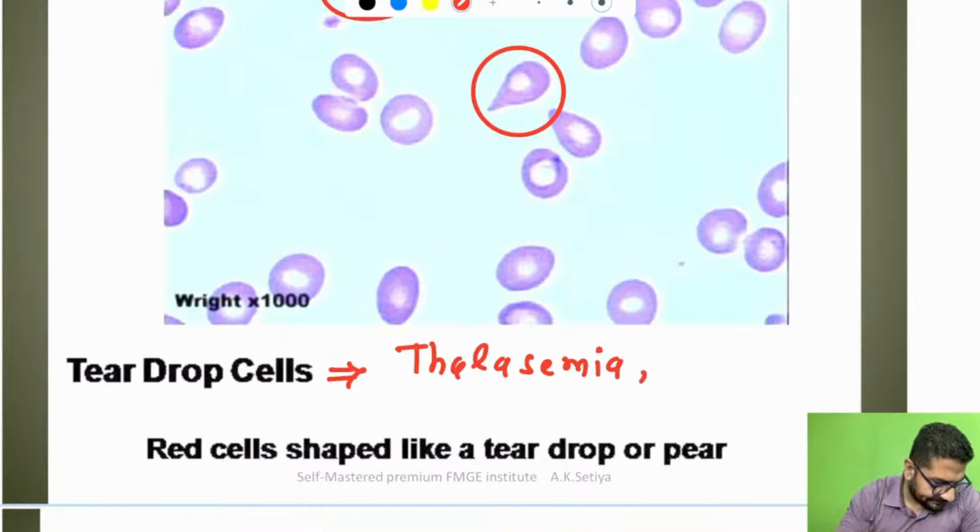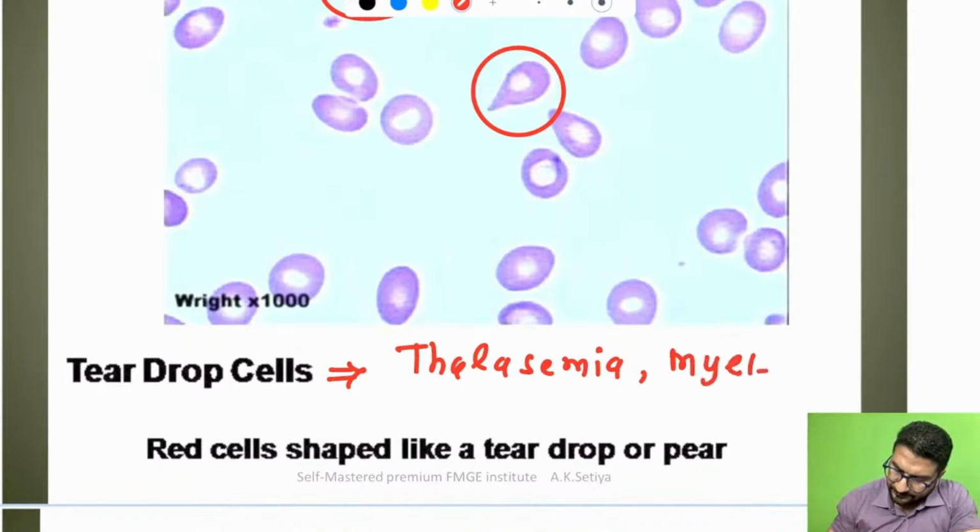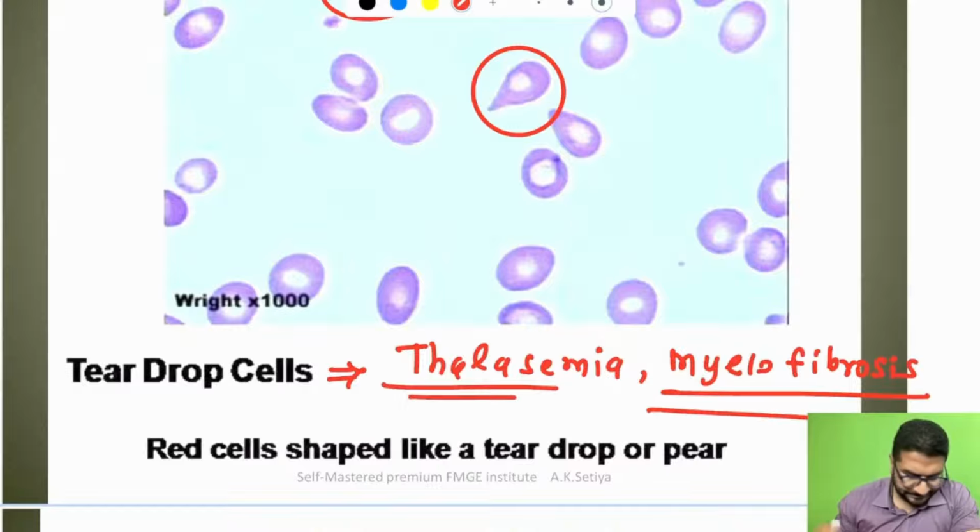Anyone? Where else do we see them? In myelofibrosis. Whenever there is a fibrosis in bone marrow, so in myelofibrosis.